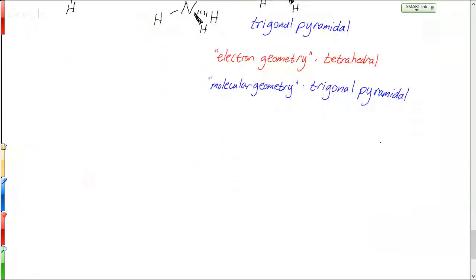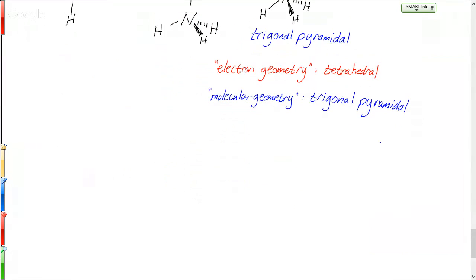And then if we have something like water, we can change that again. So water, of course, has this kind of structure. How many electron groups are there? Yeah, this is once again 4 electron groups.